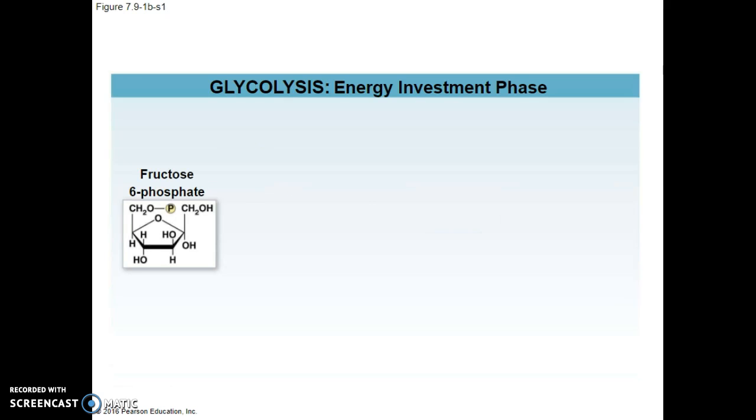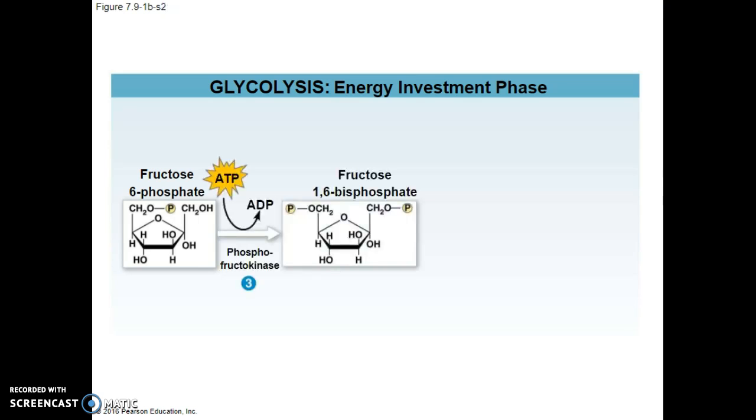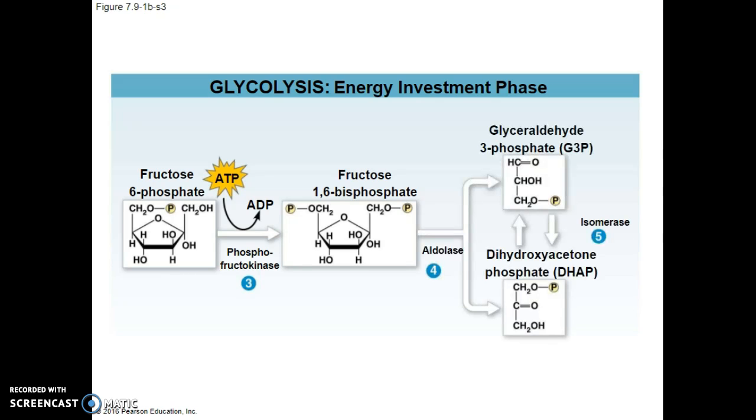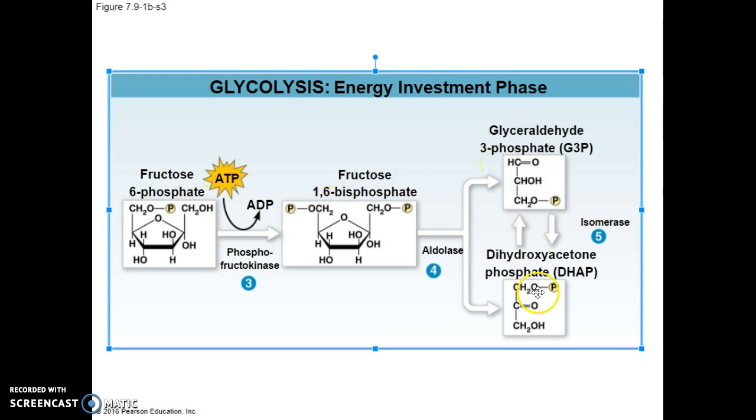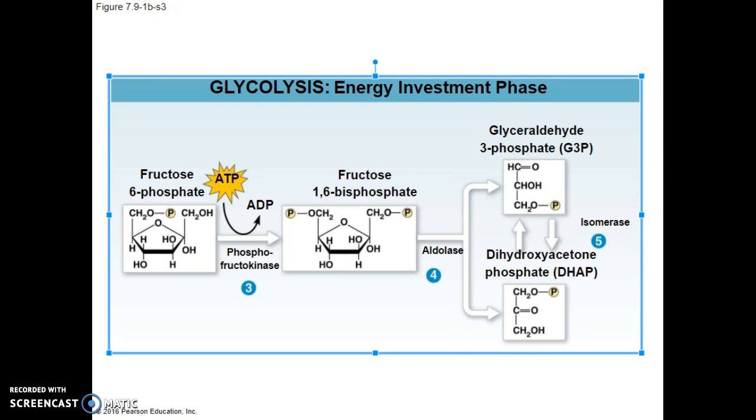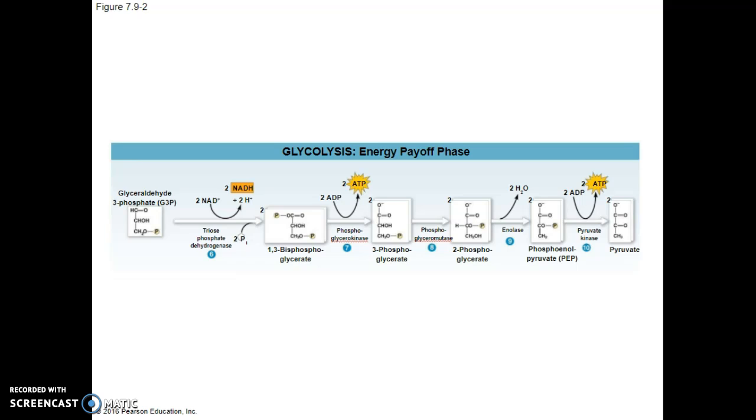Once we have fructose 6 phosphate, another phosphate group is transferred from ATP to form fructose 1,6 biphosphate. Because it's unstable, we get two 3 carbon sugars, which are this right here and DHAP. And now we have the energy payoff phase.